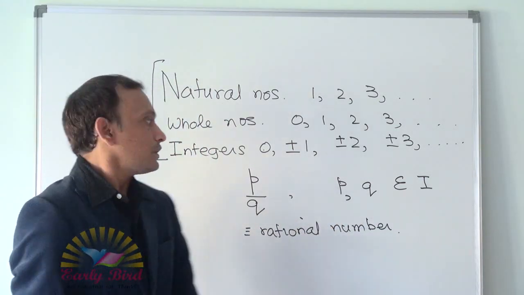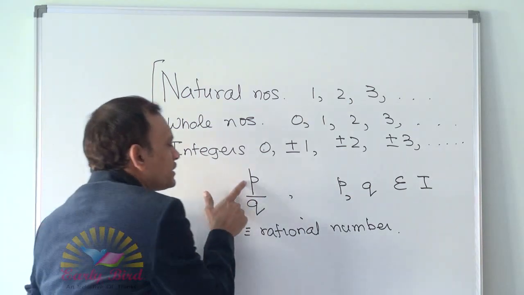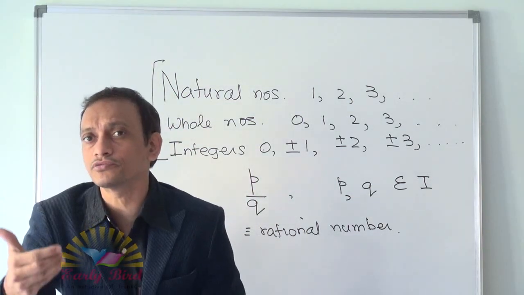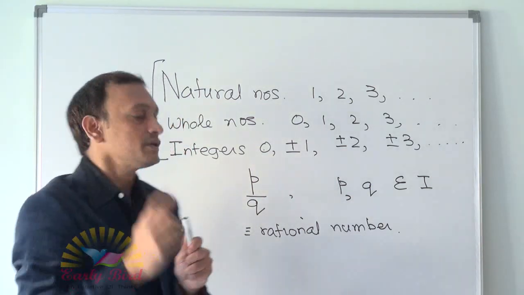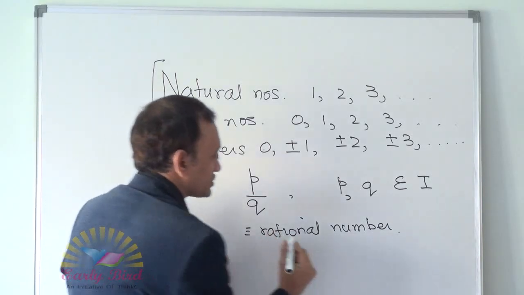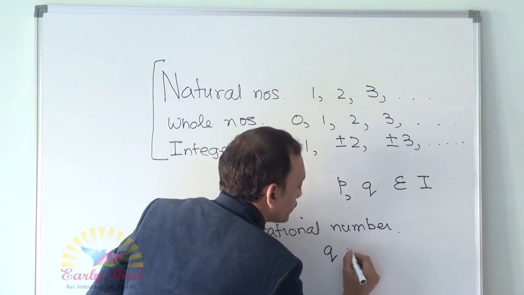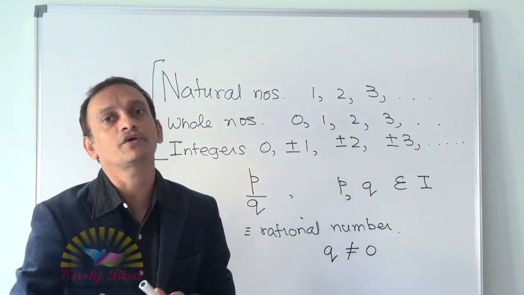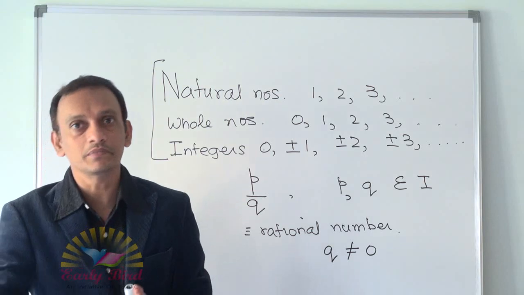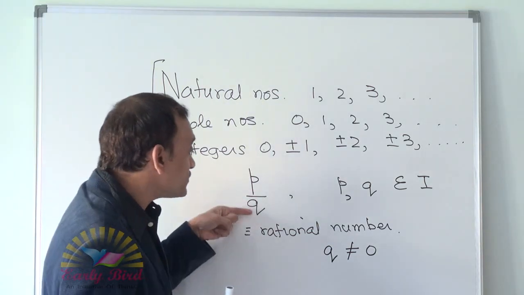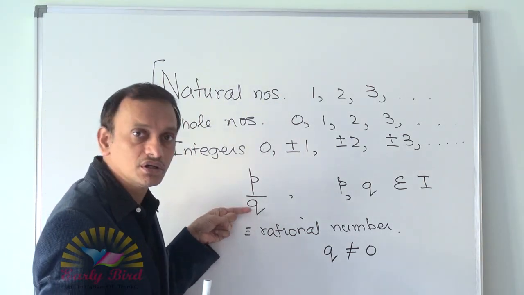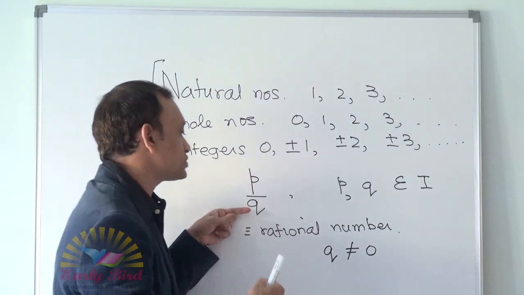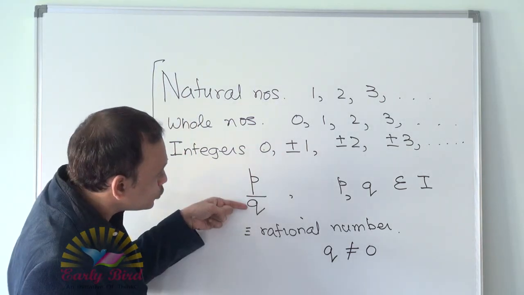However, there is a limitation to this. P and q can assume any set of values, except that q cannot be 0. Because if q is 0, all of you understand, and I hope by this time have been able to relate to the fact that division by 0 is not a mathematical operation that is legal. Therefore, q cannot be 0.